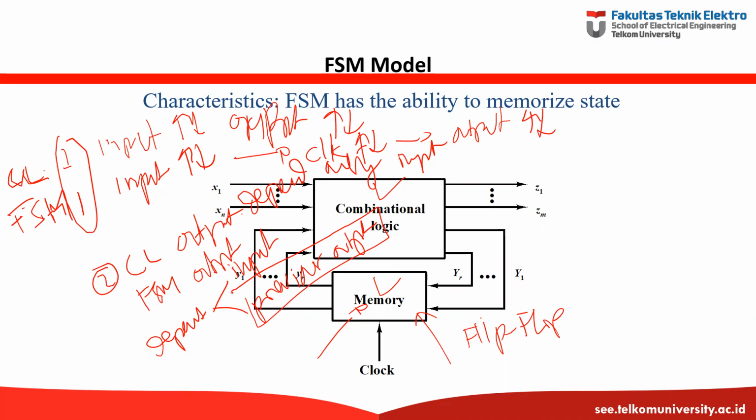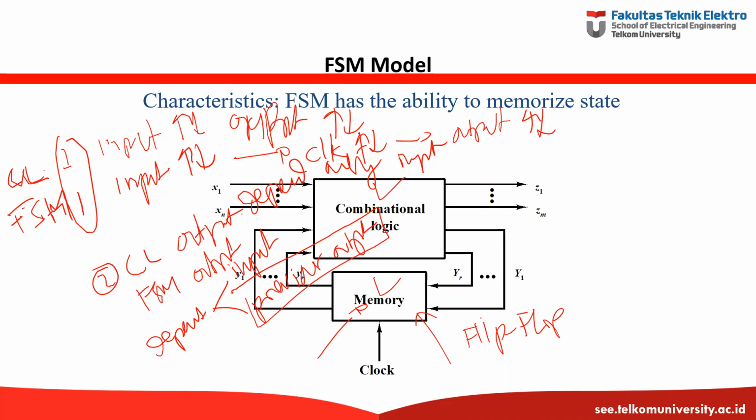And then the second difference: in combinational logic, the output depends only on the value of the input. But in the FSM, the output will depend not just on the value of the input, but also on the value of the previous output.